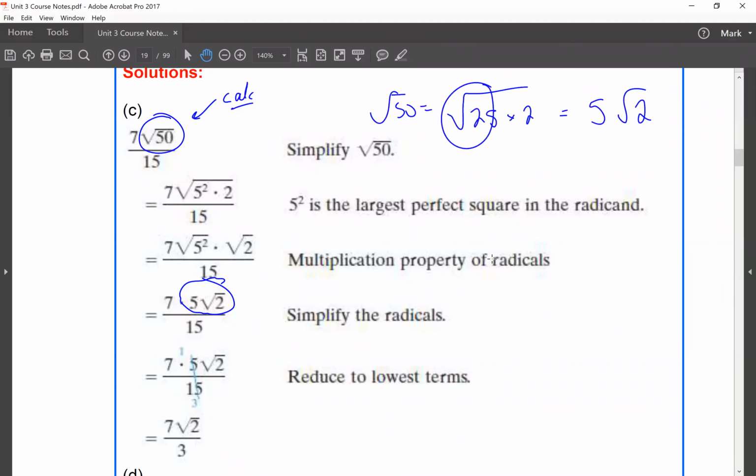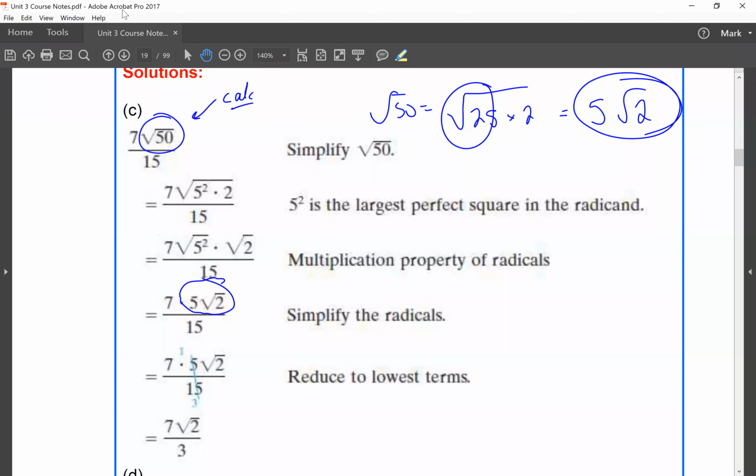Just put it in the calculator and you don't have to give me the workings. If you just have numbers, you can just put the answer there. But I wanted to show people where this 5 root 2 came from, just in case you weren't sure.